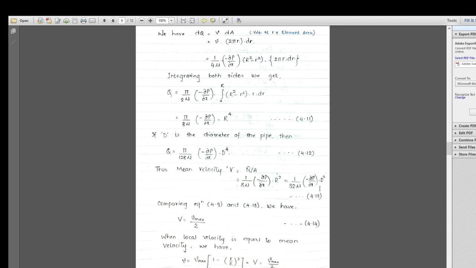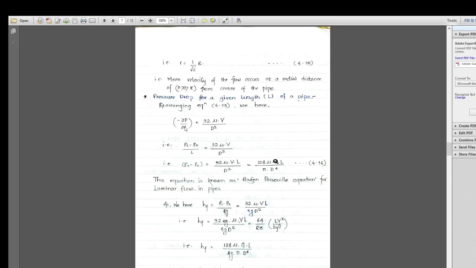See, we have used the mean velocity in terms of diameter, and we have converted the equation in terms of del p by del x.